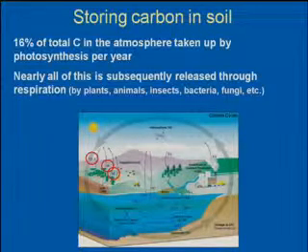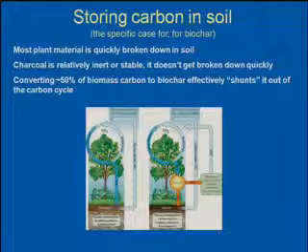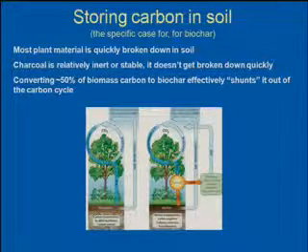About 50% of that respiration happens above the ground, and about 50% of that respiration happens in the soil. So in the case of biochar, we already have the process by which the carbon is being taken out of the atmosphere.